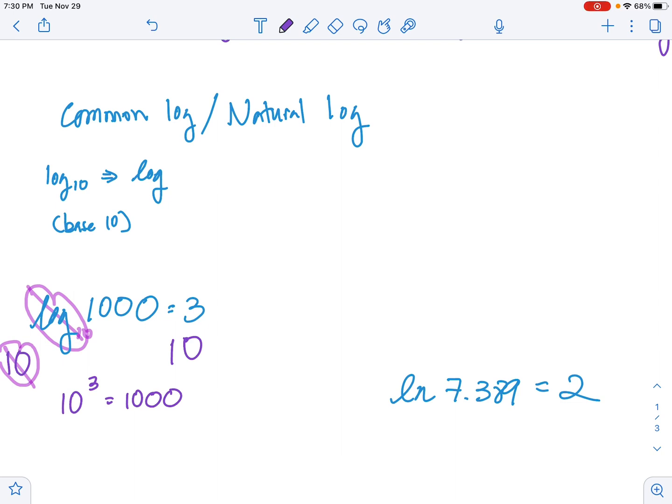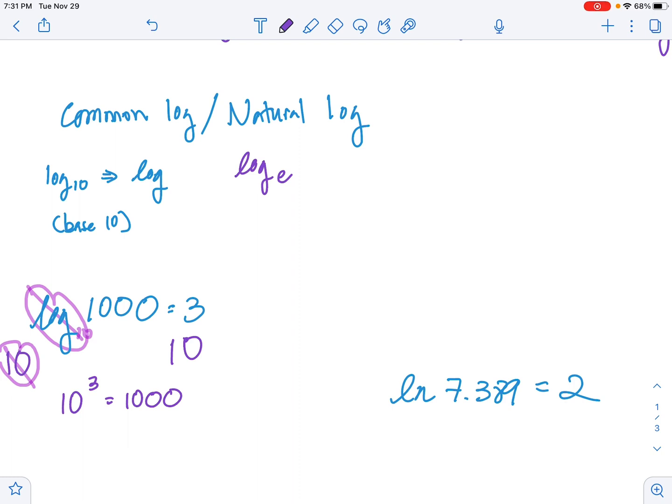The other very frequently used log is called natural log. Natural log is a log with the base of e. Now e in math is a very common thing too. They use it in statistics, they use it in business a lot. It's like pi, where it represents a very long decimal that never ends, so we just use the symbol e in place of it.